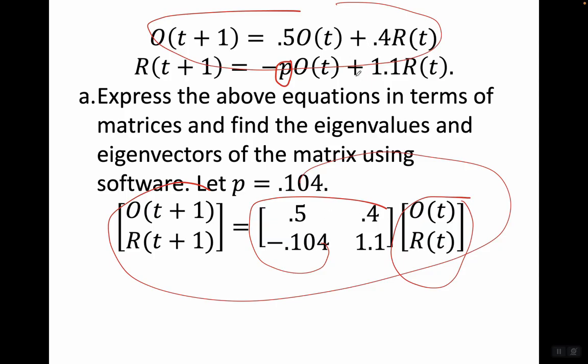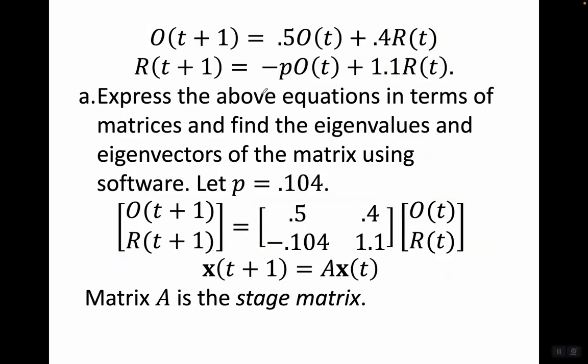It's exactly what we have here. And then this bottom row would be the second row. We have x(t+1). So we're going to write this as x(t+1) = A x(t). Matrix A is what we call the stage matrix.